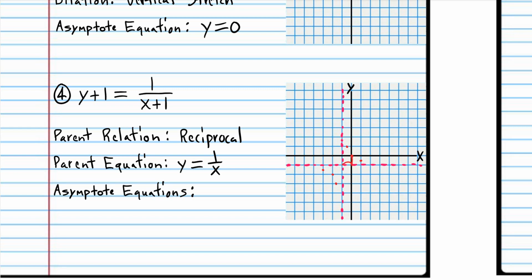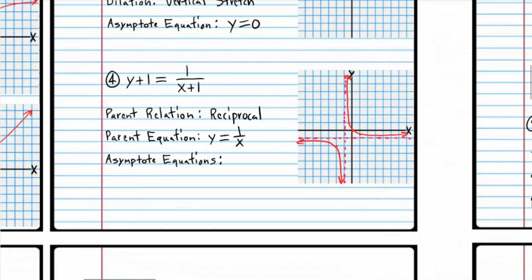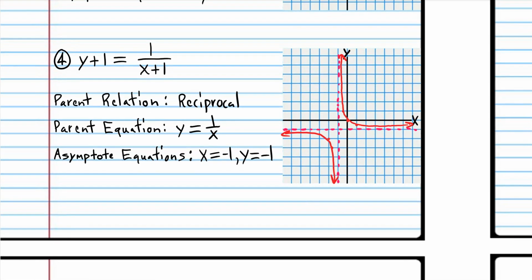It's the same 6 reference points that we always graph. So the asymptote equations are the equations of those dotted lines. X is equal to -1 and y is equal to -1. So if you got those answers, excellent. Good job.